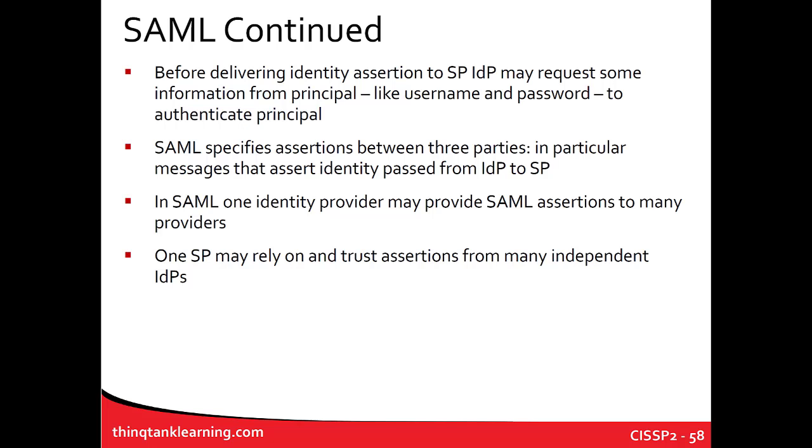All right. Now, before delivering an identity assertion to the SP, the IDP may request additional information from the principal. It could prompt for additional credentials, username and password. Most likely, it's probably going to be some sort of MFA. Why? We want to make sure that the assertion is based on verified identity. These assertions are trust messages.